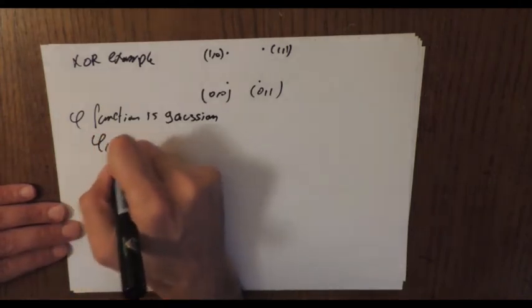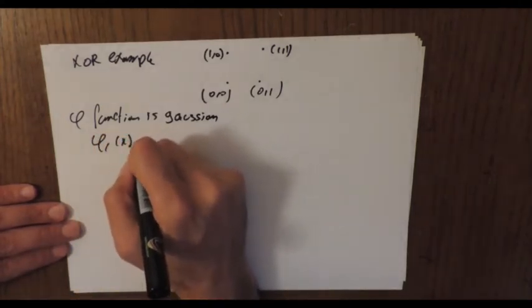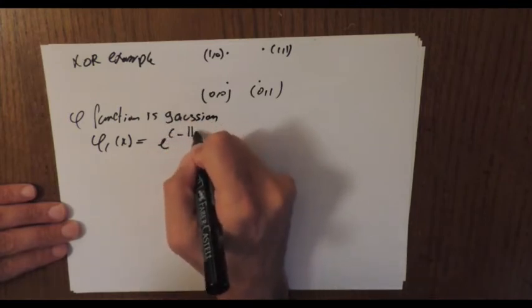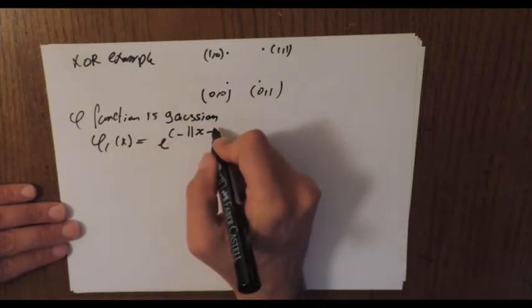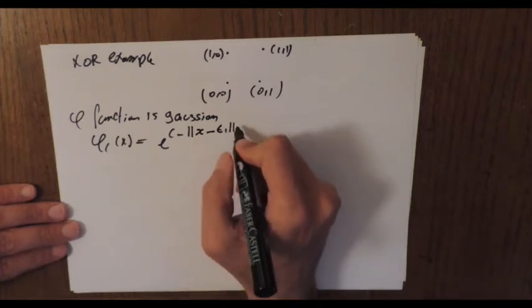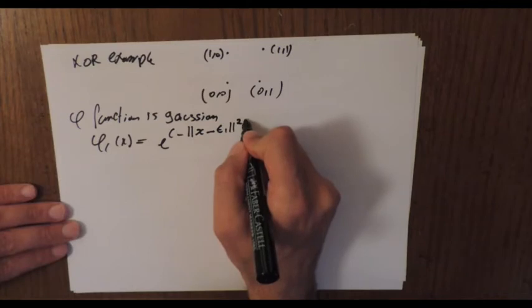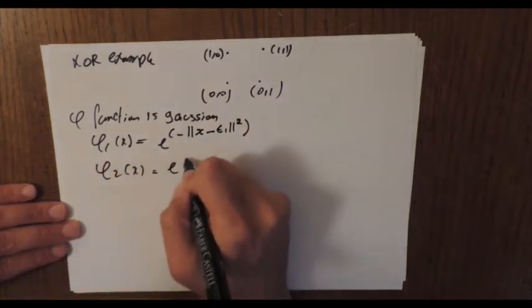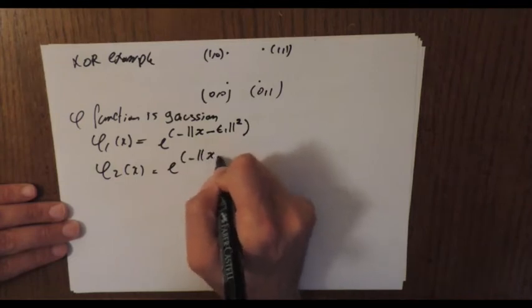So we have phi 1 of x equal to e to the minus the Euclidean norm of x minus t1, squared, and phi 2 of x equal to e to the minus the Euclidean norm of x minus t2, squared.